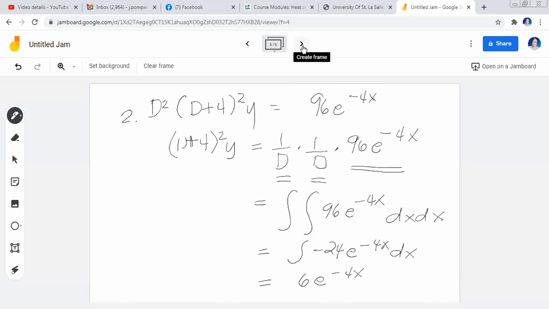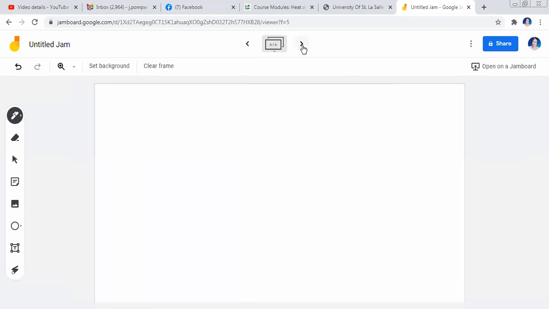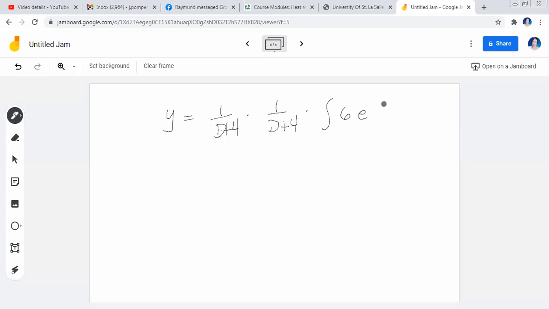So how do you go about it? Just like my first example, it's time now to isolate the left side. So you will have to write y equal to 1 over d plus 4, and then you will have here 1 over d plus 4, and you will have it integrated with 6e raised to negative 4x. Now, you see that you have 2 of this. And by the way, don't write the integral first because you haven't yet converted this 2.